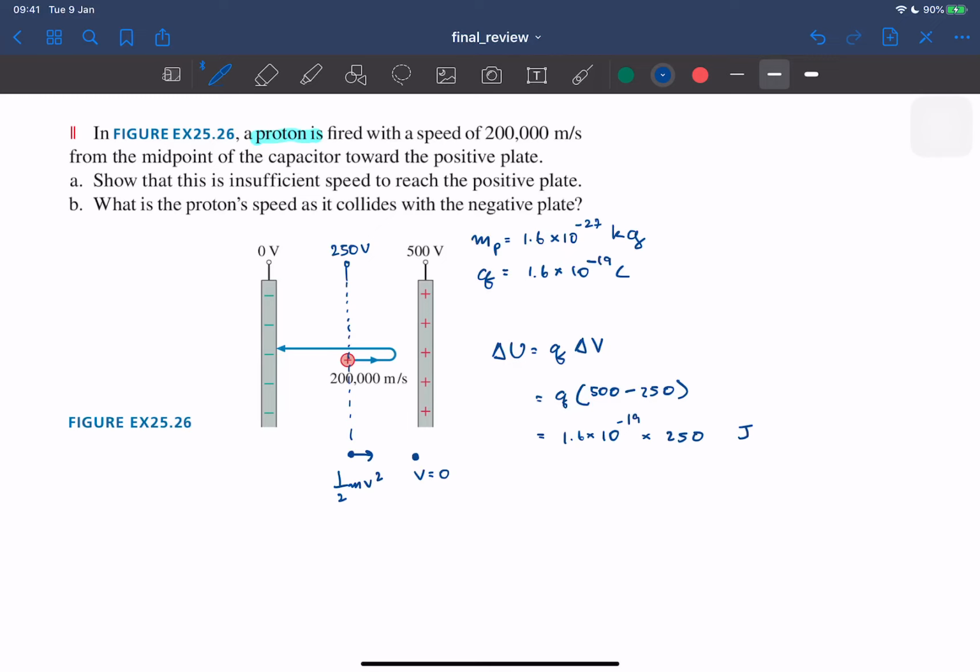And this is how much energy you gain. So you got this from 1/2 mv square. Right. So you equate 1/2 mv square equal to 1.6 times 10 to the minus 19 times 250 volt. And then you can calculate the velocity. So in this case, I will calculate it because it's probably easier if we have the number.